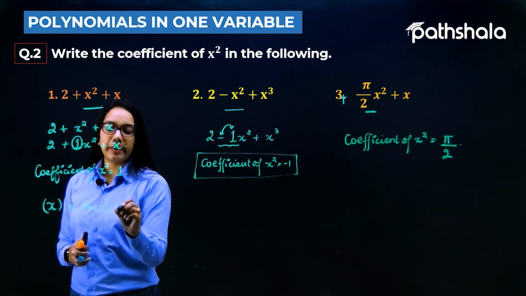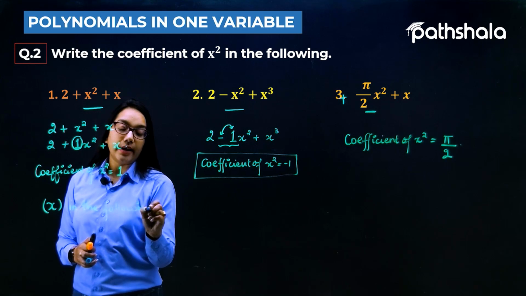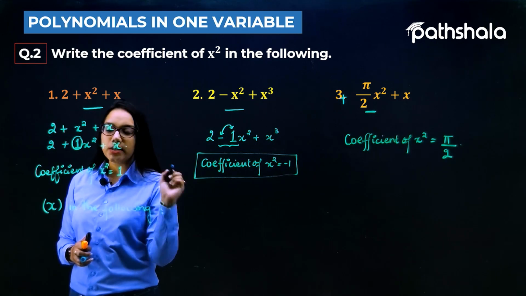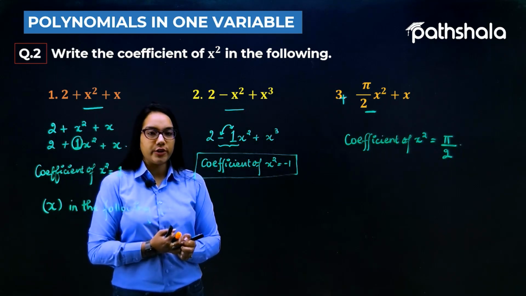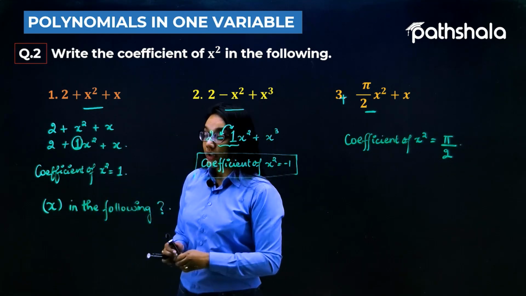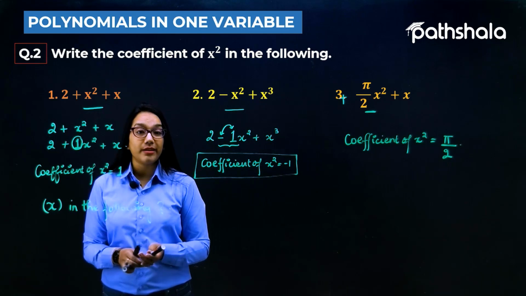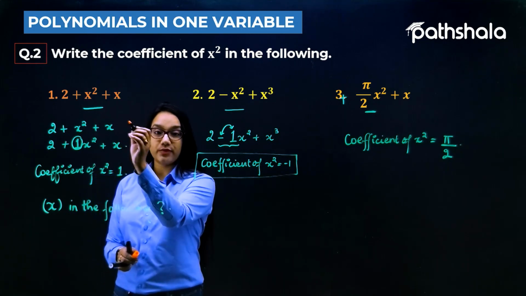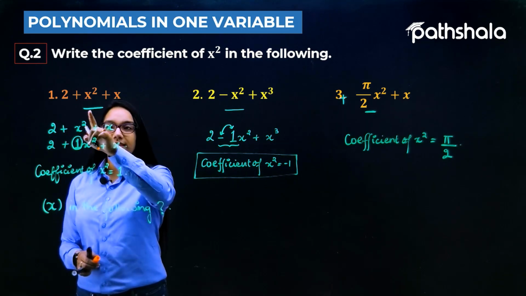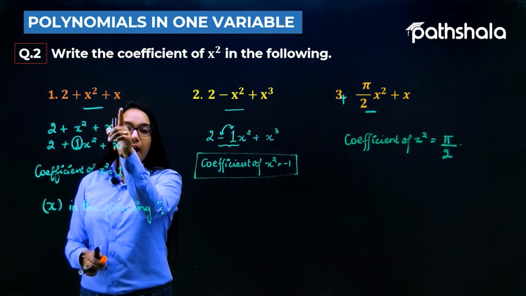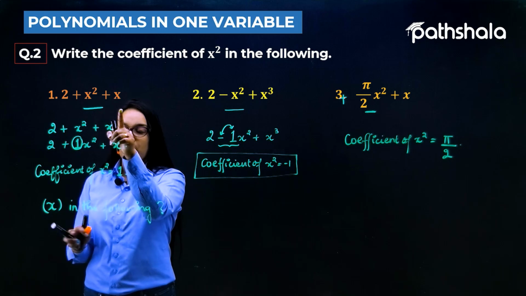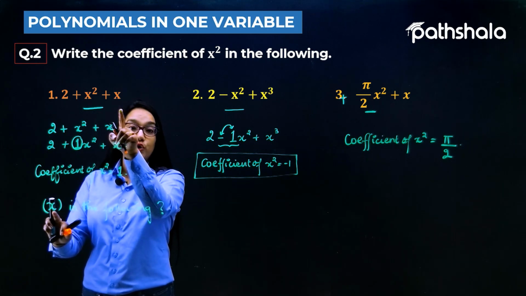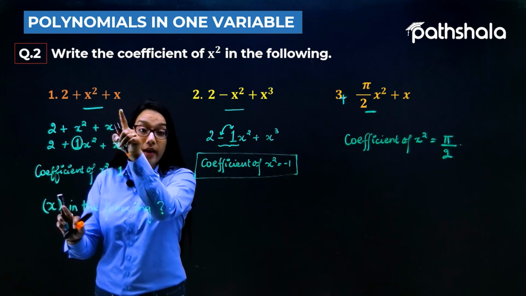Let us suppose I am asking what is the coefficient of x in the following. Let us talk about the very first part. In the very first part, we have to look out for the variable x first. As we can see, there is x square and x, but we have to see the variable that has a power of 1, because we are talking about the coefficient of x rather than x square.